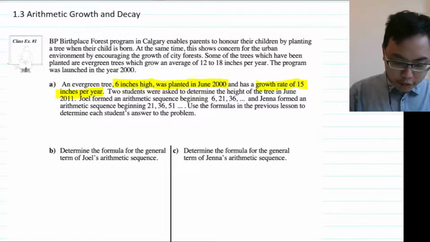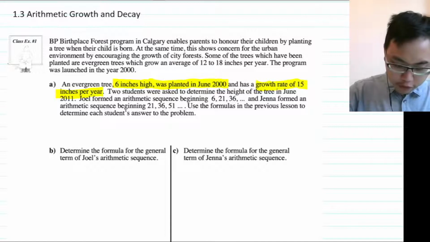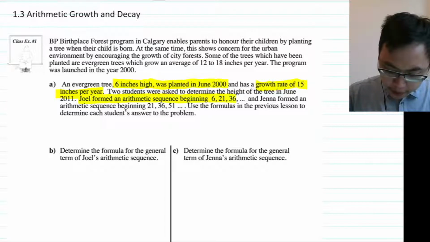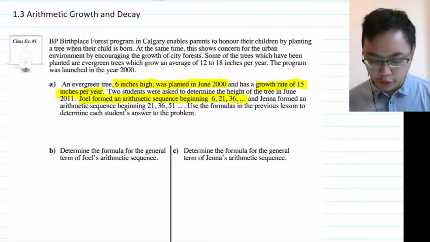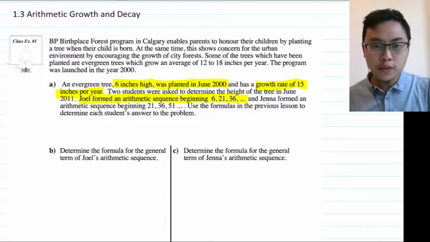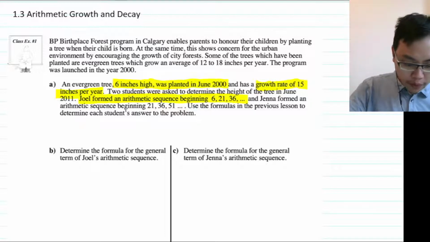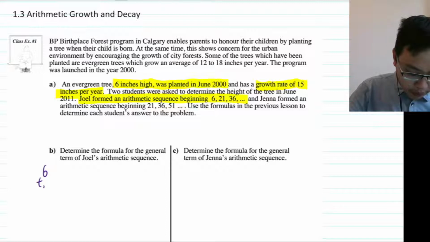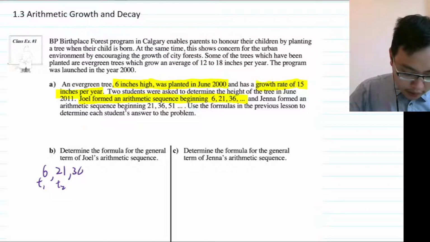So we have Joel, the first student, beginning his sequence with 6, 21, 36. We can see that in Joel's sequence, 6 is term 1, then we have 21 as term 2, and then 36 as term 3.